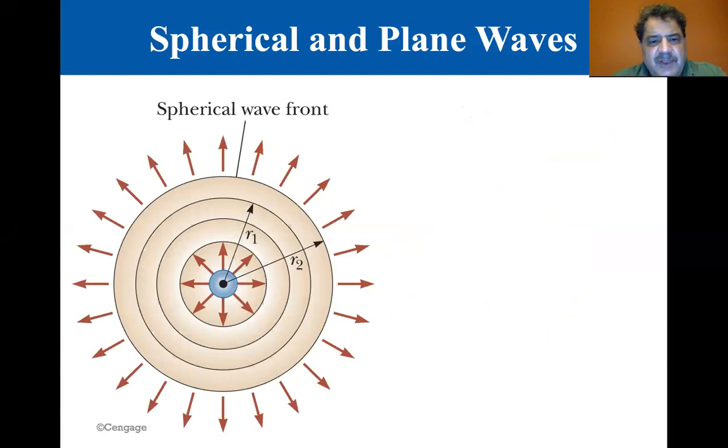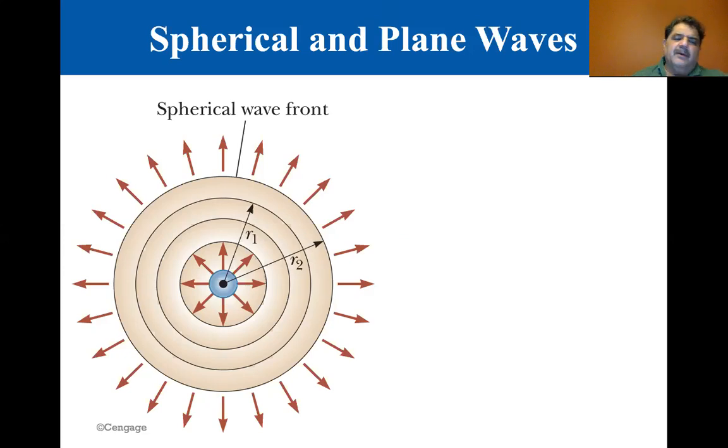The difference between R1 and R2: you can imagine R2 being the maximum of one wave, and R1 being the next maximum, so the difference between R1 and R2 is lambda, the wavelength.